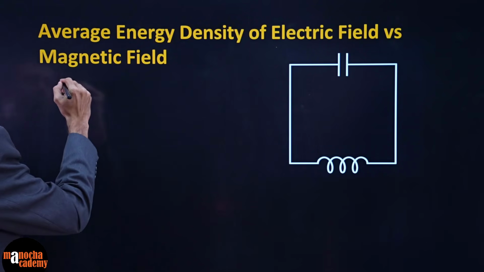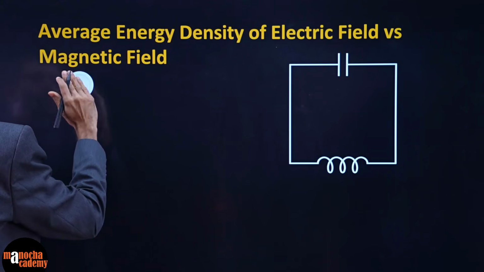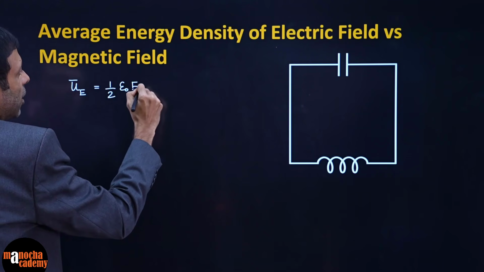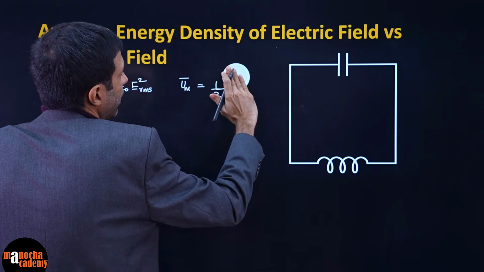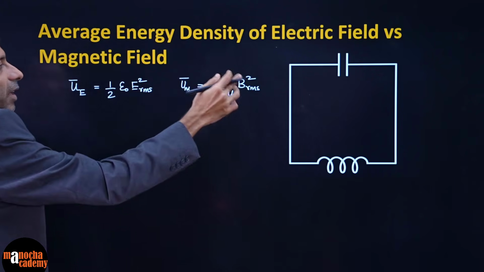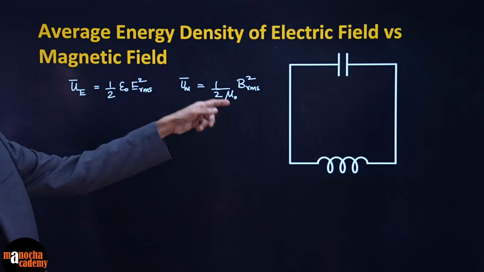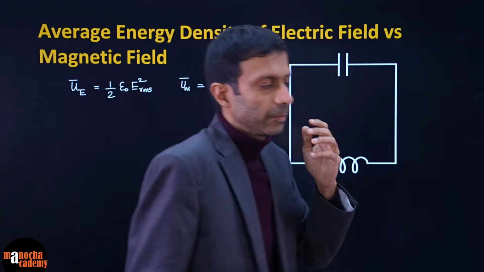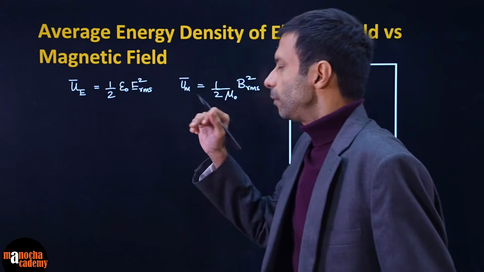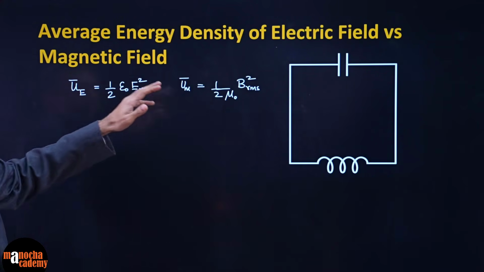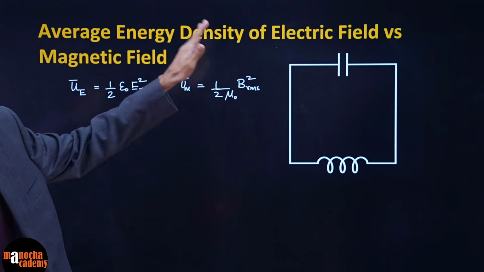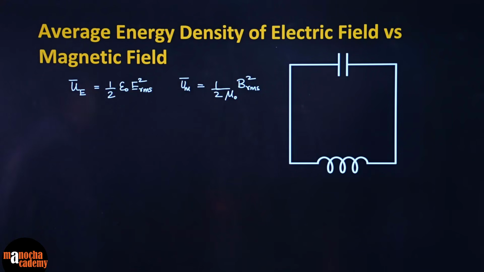Let's quickly write down the formulas. You can see they are very symmetric. Here we have E, there we have B, here epsilon naught, here 1 by mu naught. Got it? Now if I ask you what is the relation between these, is this bigger, or are they equal?